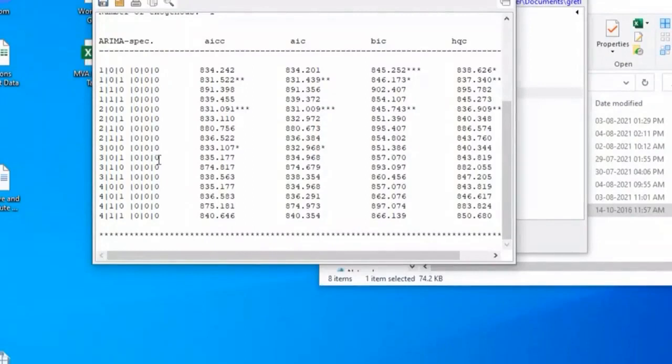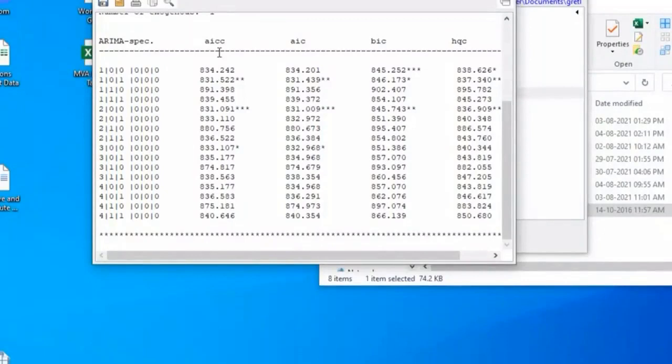And where we find, for example, this AICC, the Akaike information criterion, then BIC and the Hannan-Quinn criterion, out of these three. And Gretl has added another one, AICC.